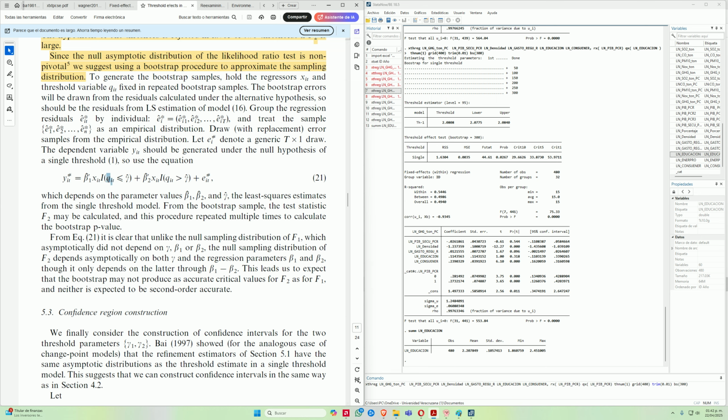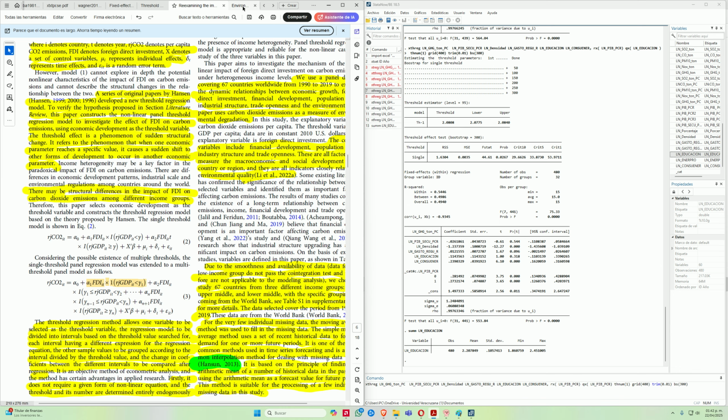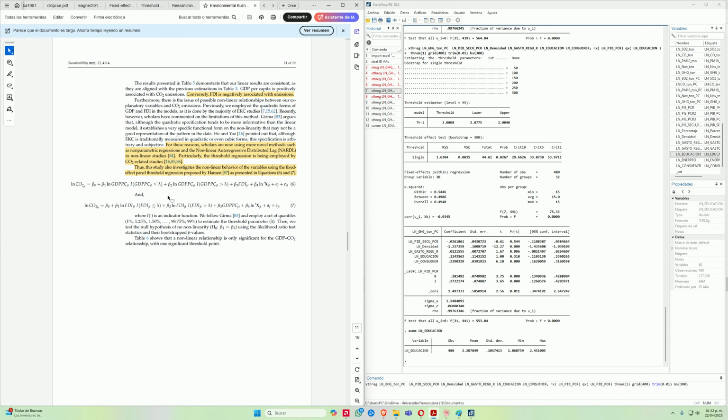In other papers, before this value, the GDP is affecting the GDP. In this case, the variable is affecting the same variable. So in this case, the FDI is affecting the FDI.